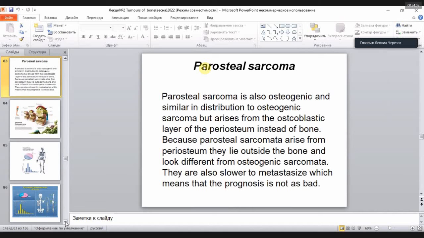Because periosteal sarcomas arise from periosteum, they lie outside the bone and look different from osteogenic sarcoma. They are also slower to metastasize, which means that the prognosis is not as bad.